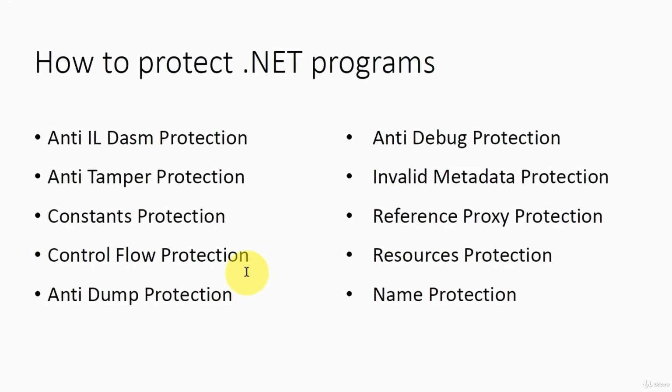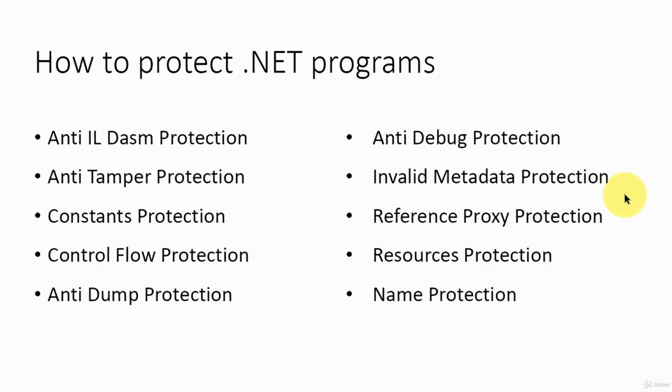And then the next one will be control flow protection, and this refers to the jumps in the program, the if-else statements and so on, which will be obfuscated. Anti-dump protection prevents the module from being dumped into a separate file. Anti-debug protection.